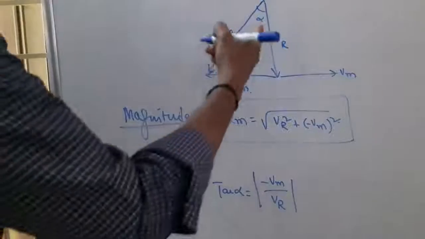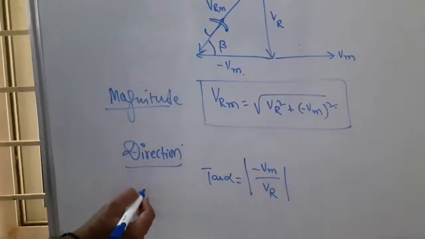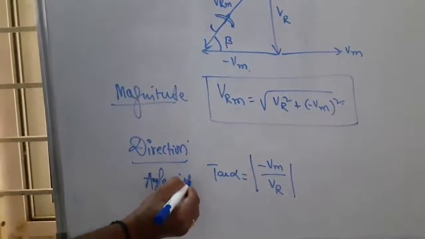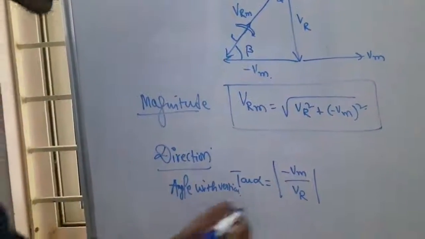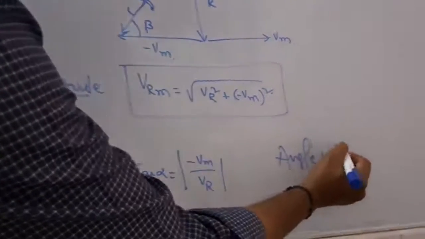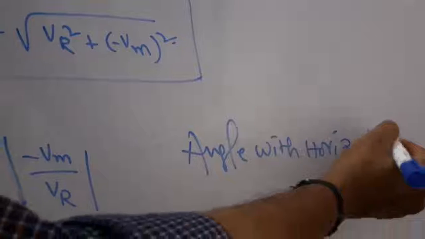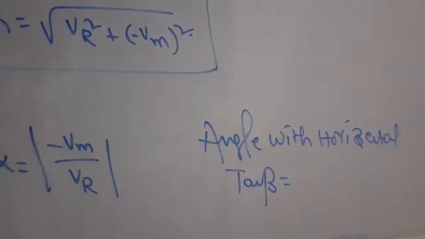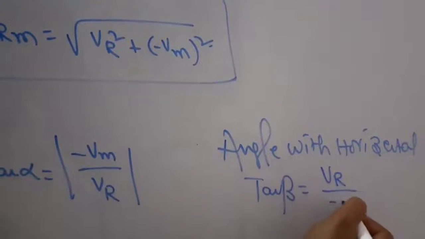Then the angle with horizontal: tan beta is equal to opposite side by adjacent side, Vr divided by Vm.